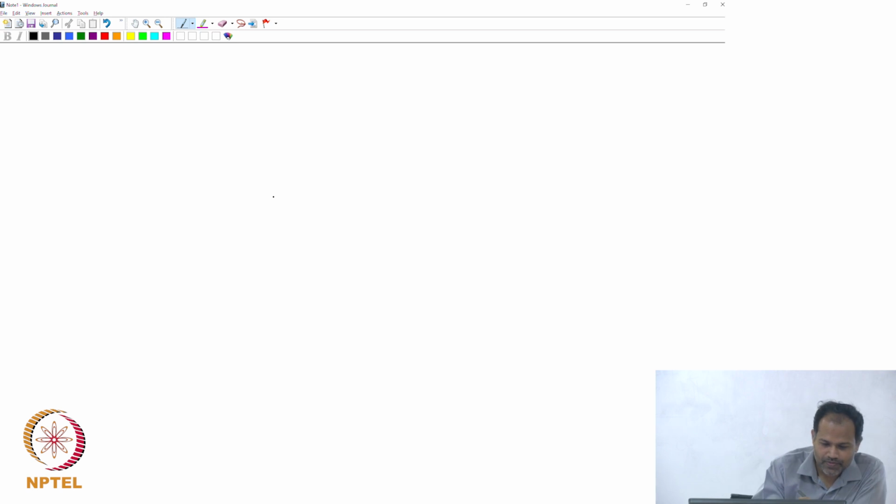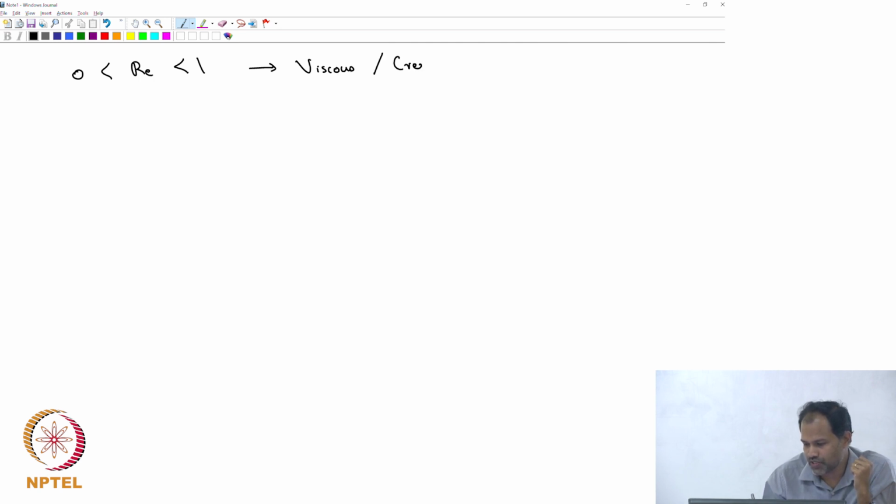Just to characterize the regimes: 0 less than Re less than 1. The Reynolds number is what is going to characterize the regime. If the Reynolds number is very small, the flow is very viscous, and another name that you use is creeping flow.